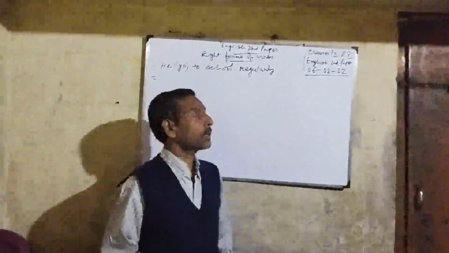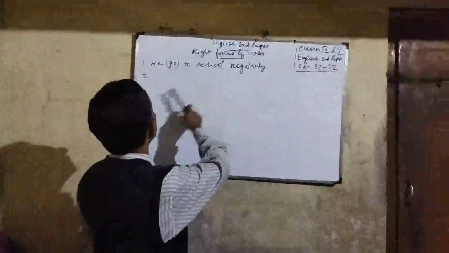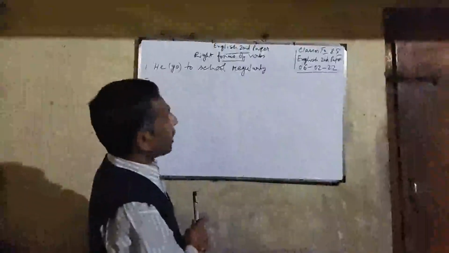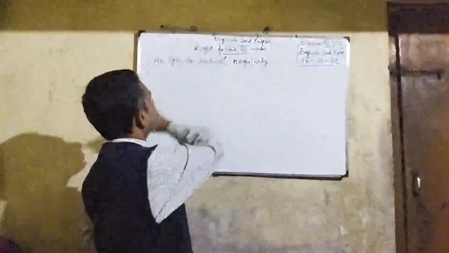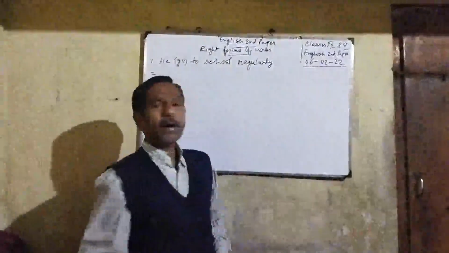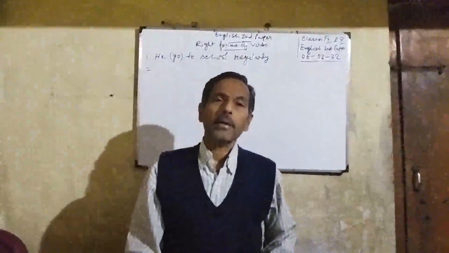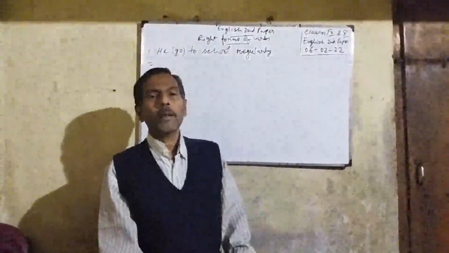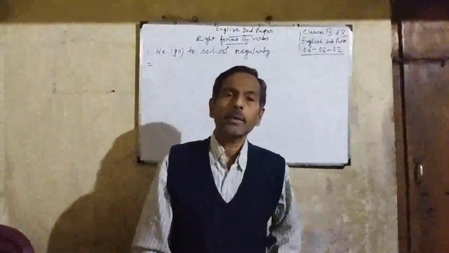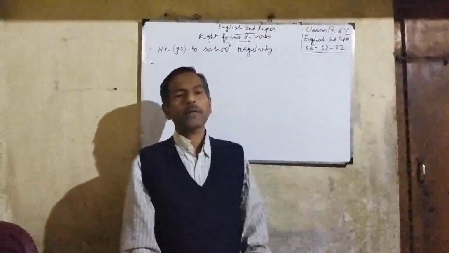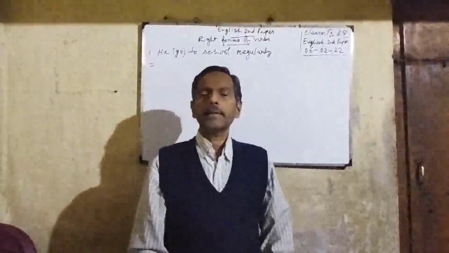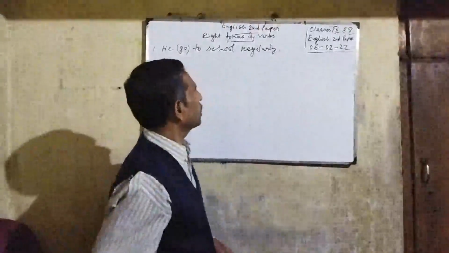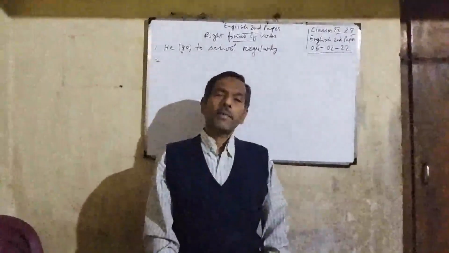Dear students, look at the board. Here is a sentence: he go to school regularly. We will correct the form of the verb go. If we find words like regularly, generally, occasionally, normally, sometimes, often, now and then, etc. in any sentence, we will turn it into present indefinite tense.